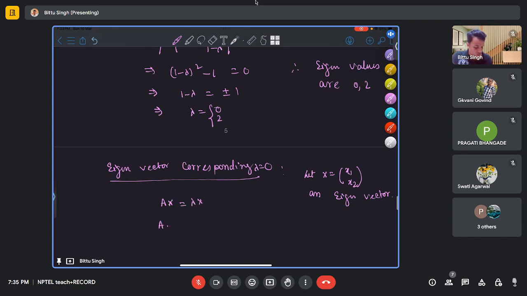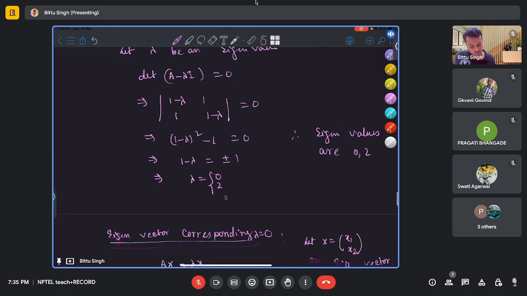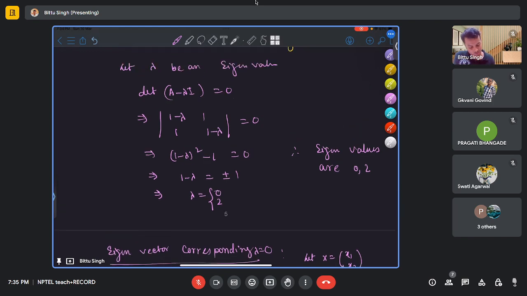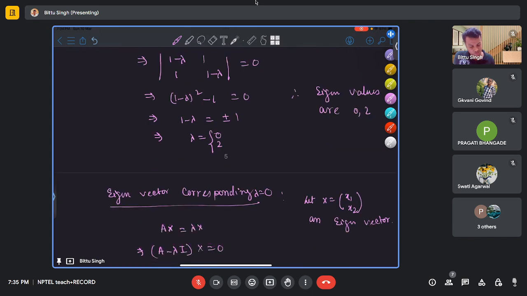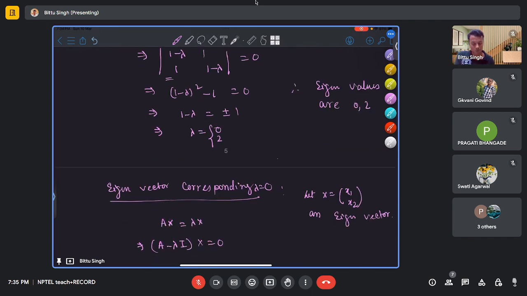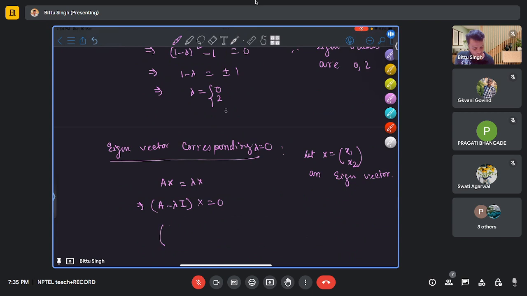And this relation is the same as (A minus lambda I) times x equal to 0. And we already know what A minus lambda I is. We have 1 minus lambda, 1 minus lambda, and 1, 1. But here lambda is 0, right?